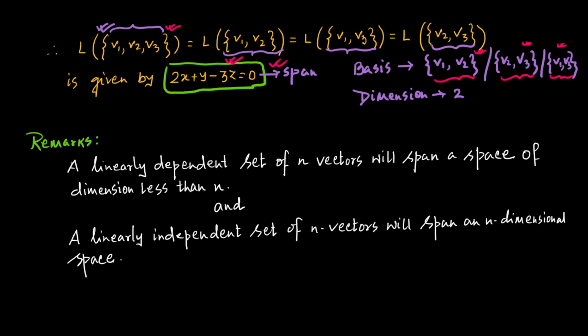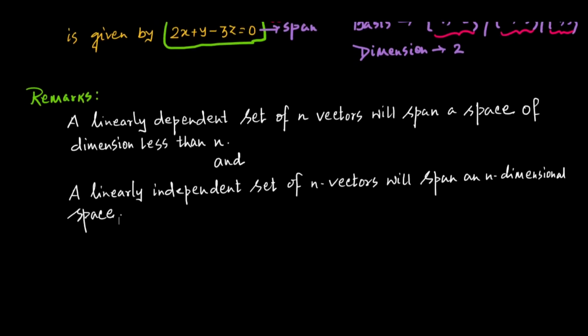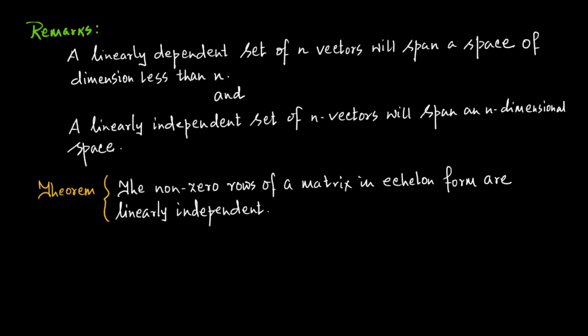Now, with a very little effort, one can prove that the non-zero rows of a matrix in echelon form are linearly independent. Now, this gives us another easy way out to find whether a given set of vectors is linearly independent or not. What you have to do, you form a matrix keeping all those vectors in rows.